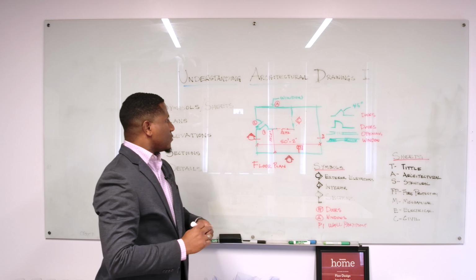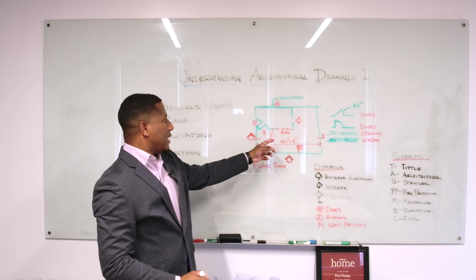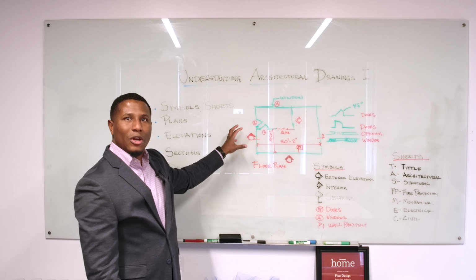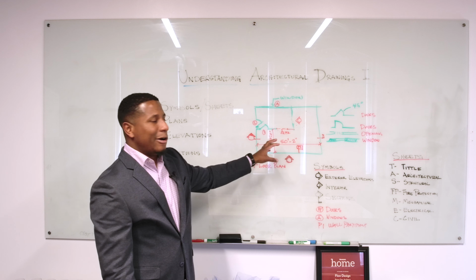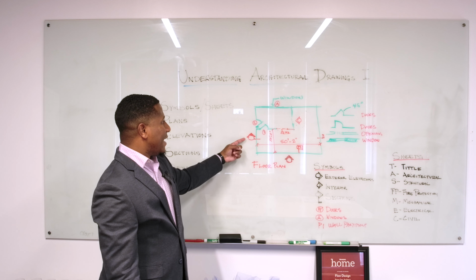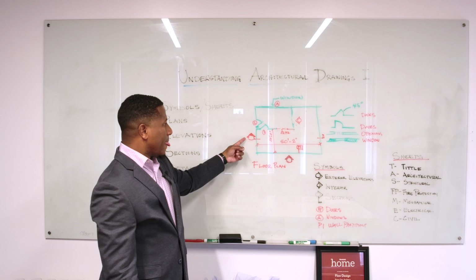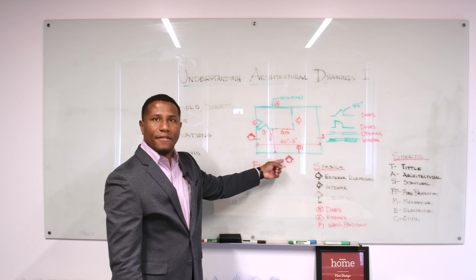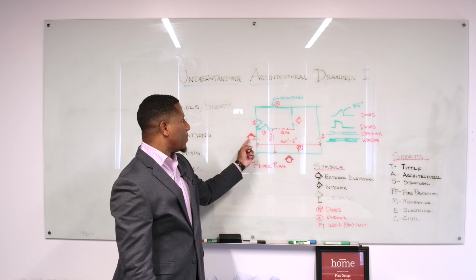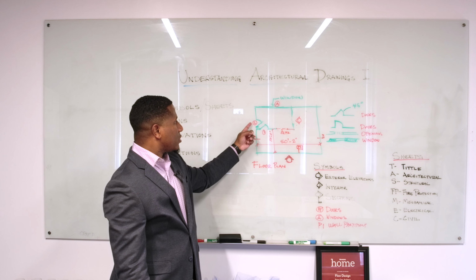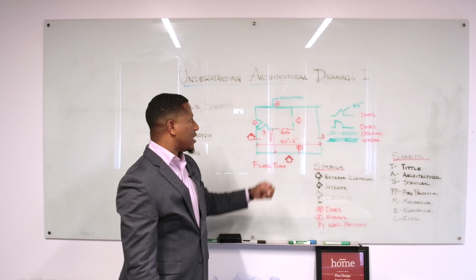Now, when you look at this set of plans, even though we have symbols, you can see how busy it's already getting, because we have the section symbol, the exterior elevation symbol, dimensions within the floor plan, numbers, and letters here.